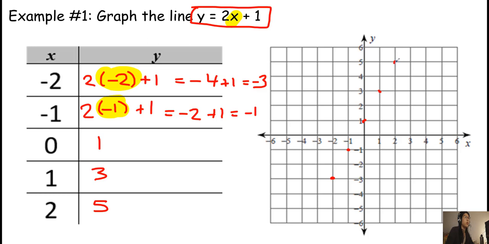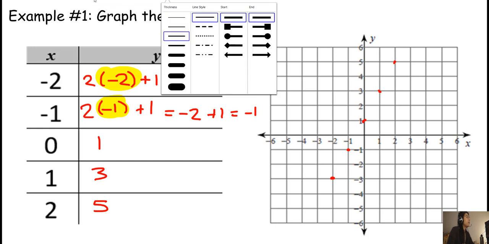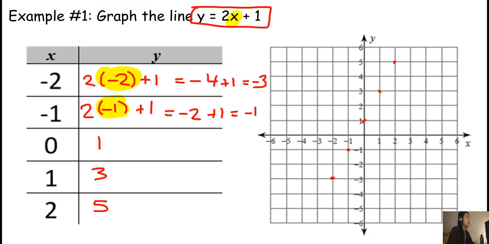And you can see that we are doing a nice straight line. If one of your dots is not going in the line, that probably means that you did something wrong, because this whole unit is going to be linear relations, so it's all going to be lines, and so you can see they all line up perfectly. So that's the first example.